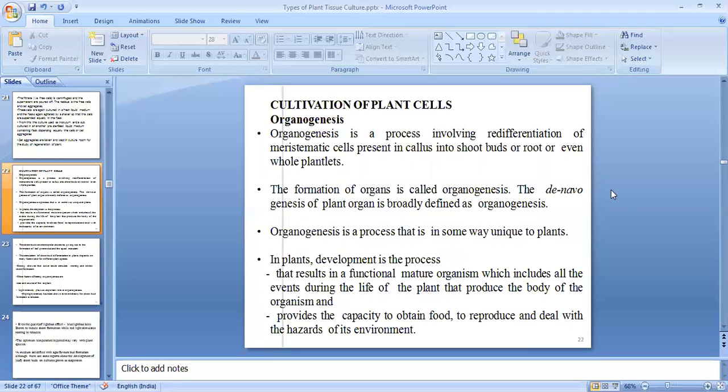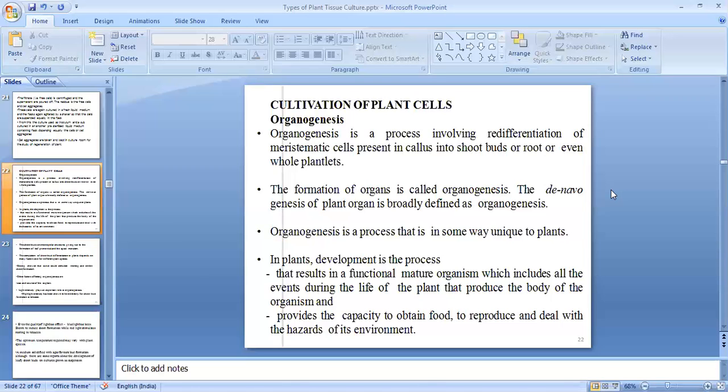So what do you mean by organogenesis? Organogenesis is a process that involves the redifferentiation of meristematic cells present in the callus into the formation of shoots or buds or roots or even the whole intact plant.